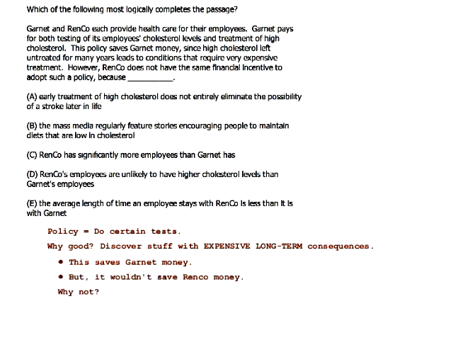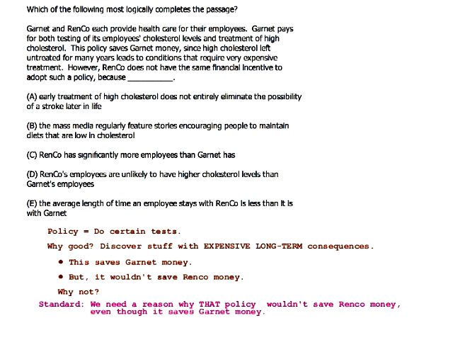The standard that we would need here is a reason why that policy wouldn't save Renko money, even though it saves Garnet money. That policy, meaning that one.